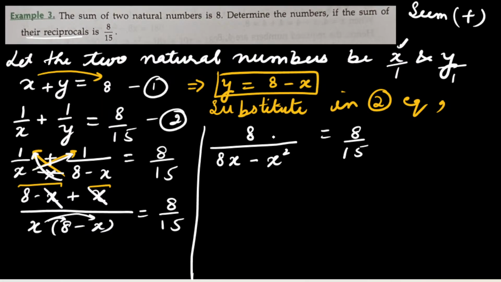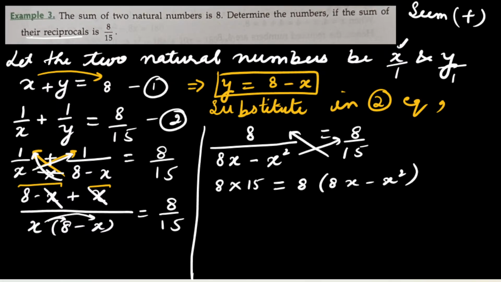Now fractions are there on both sides, so we just have to do cross multiplication. So 15 will shift to the other side, and it will get multiplied with 8. So 8 into 15, and this also we can shift to the other side. So this will become 8 into 8x minus x square.